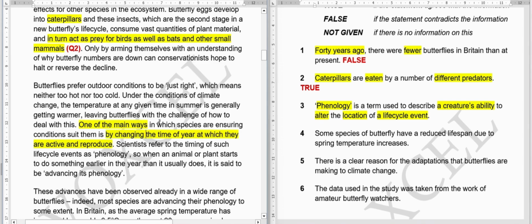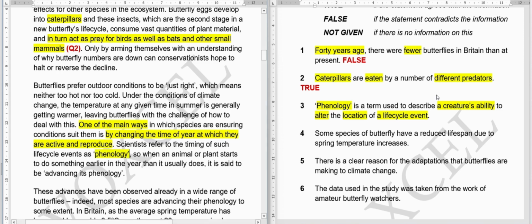For example, let's assume the breeding season was from April to May, whatever the season is. But now because the earth is getting warmer, temperature is increasing day by day, they have shifted that particular time period to, let's just say, February to March. Scientists refer to the timing of such life cycle events as phenology.